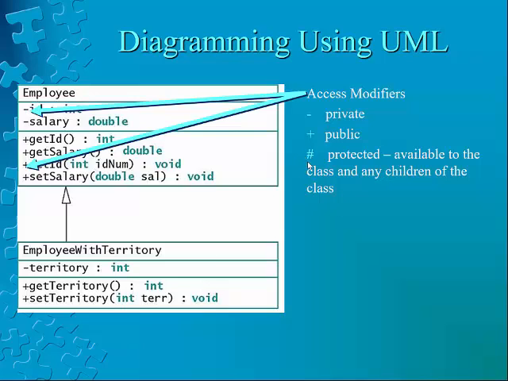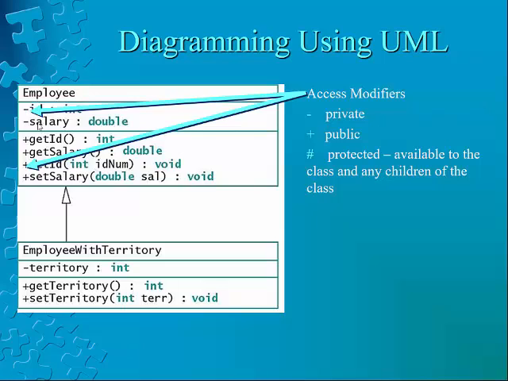If there was a hashtag, the fields would be protected, and that's new to this chapter. Private says that salary is available only to Employee. It wouldn't be available outside of the class. In other words, Employee with Territory would not have access to this property. But since Employee with Territory is actually inheriting from Employee, it should have access to salary, but somebody outside of Employee or Employee with Territory shouldn't have access to it.